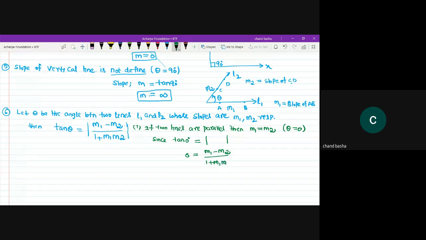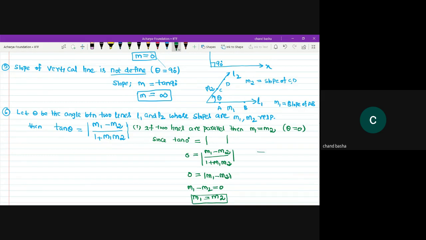If I'm taking cross multiplication, the left hand side value will become 0 and the denominator entire part will become 0. Right side is M1 minus M2. Removing the modulus on both sides, M1 minus M2 is equal to 0. As I said, M1 is equal to M2. So when we have 2 parallel lines, the corresponding slopes are equal.